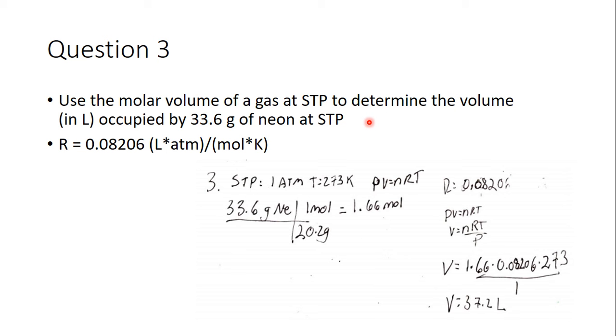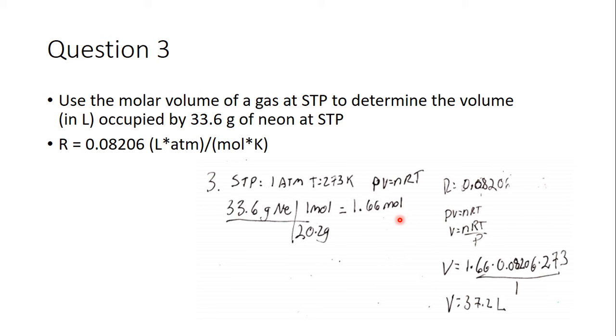Find the volume in liters of 33.6 grams of neon. So here's our gas constant, liters, atmospheres, mole, Kelvin. All of our units have to be in these, but we're given a weight in grams. So I'm going to convert that to moles by using the periodic table. I look at the molecular weight of neon, see that is 20.2 grams for 1 mole.